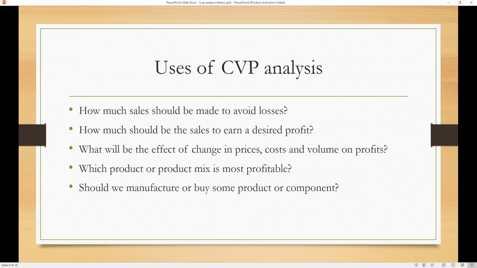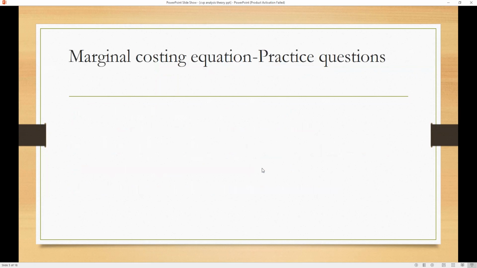A manufacturing company might manufacture a component of the product by itself or it could be purchased. Now, which is beneficial, either manufacturing or buying? The make or buy decision is possible because of CVP analysis. So our problems on CVP analysis would be on these questions only.